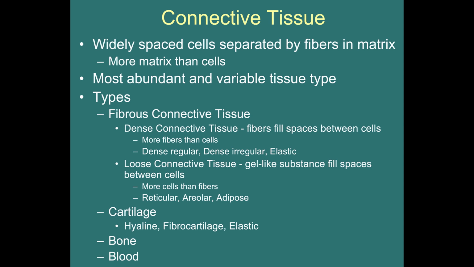Now, we're also going to learn about cartilage this semester. So there's three types of cartilage you'll be learning about: hyaline, fibrocartilage, and elastic cartilage. You're going to learn these different cartilages in your articulations lab. That articulations lab is open and it is fully online.